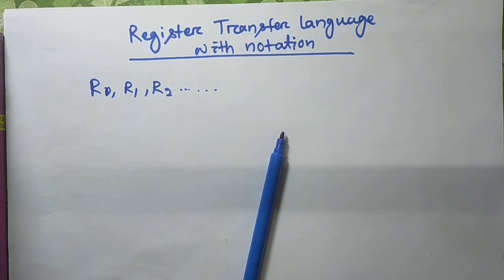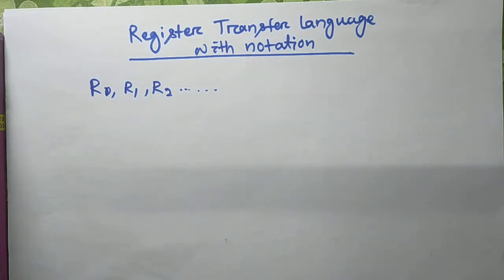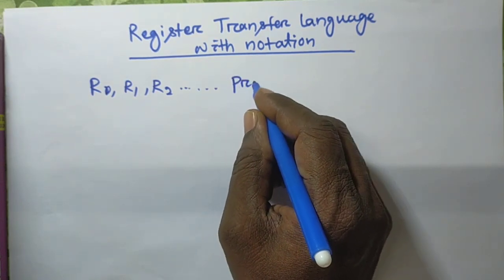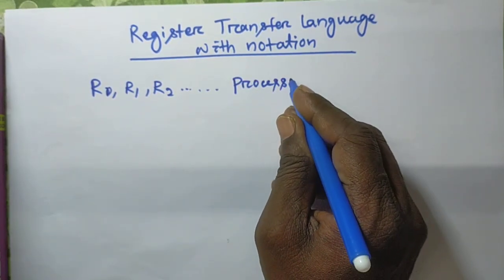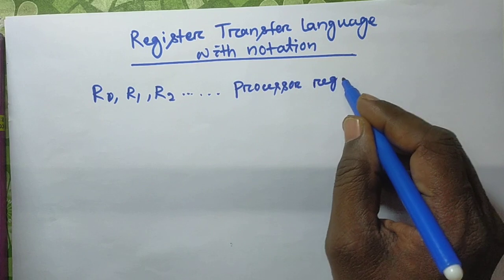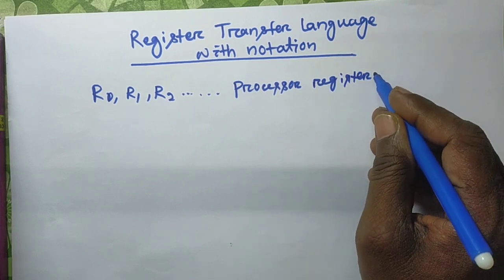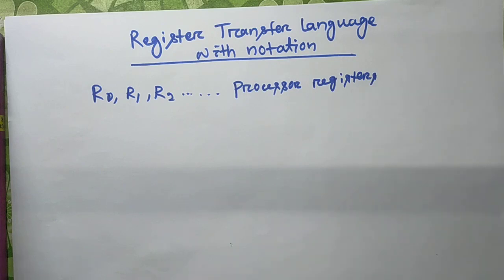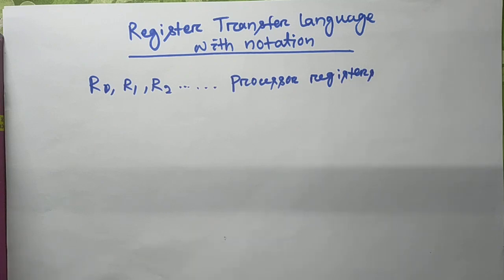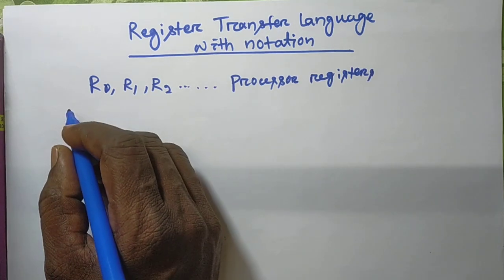We can tell these are processor registers. A simple notation is R0, R1, R2, or any number of notations. This is one kind of notation.